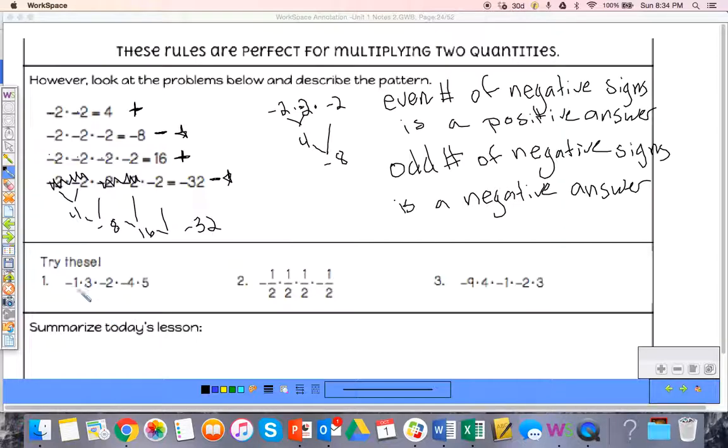Okay, so we're going to do this. We have negative 1 times 3, that's negative 3. Negative 3 times negative 2 is positive 6. Positive 6 times negative 4 is negative 24. We're going to multiply that by 5.